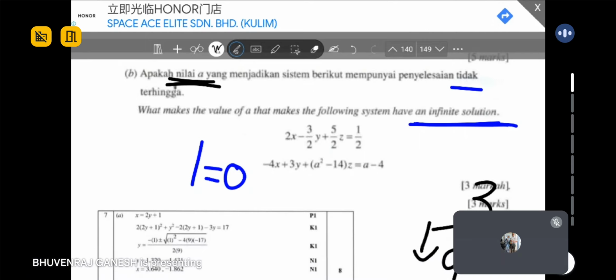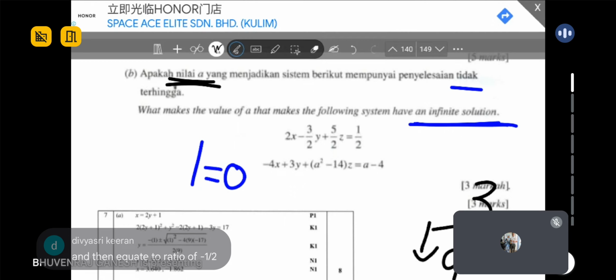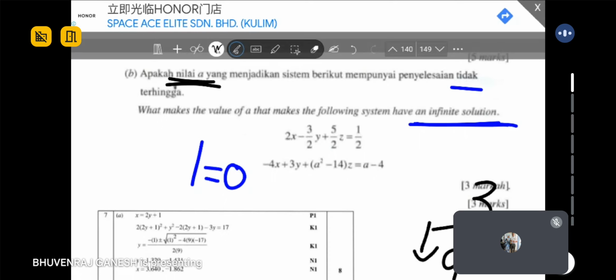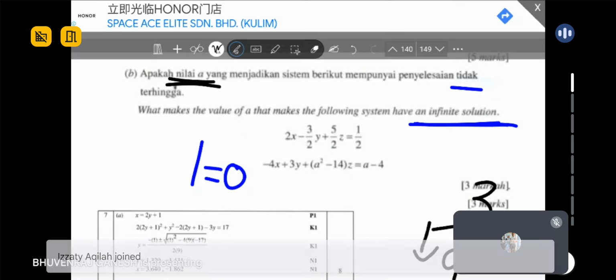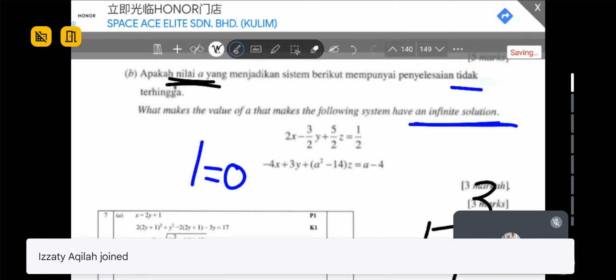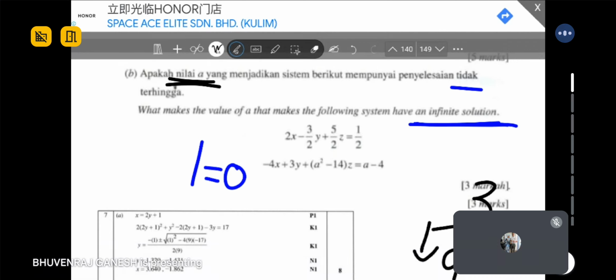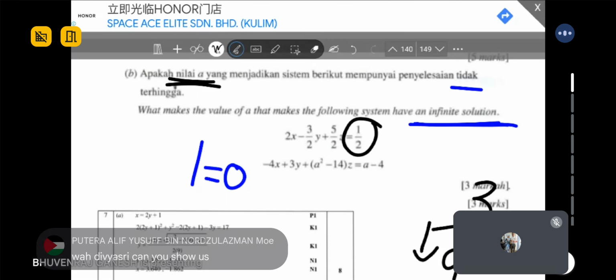Is it you equal to 1? And then equate to ratio of negative half. Where you get negative 1 over 2? Which part? Negative 1 over 2. Is it this one, is it?